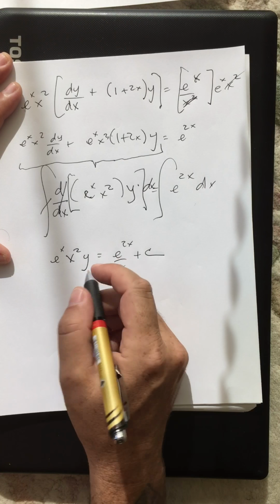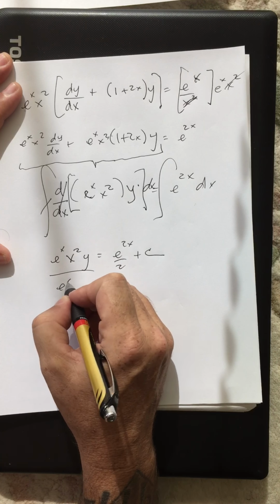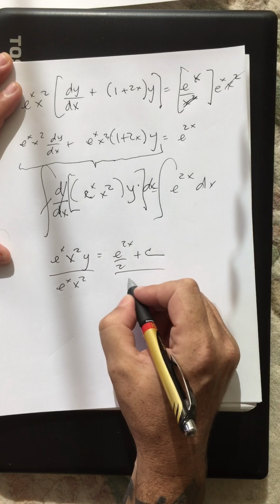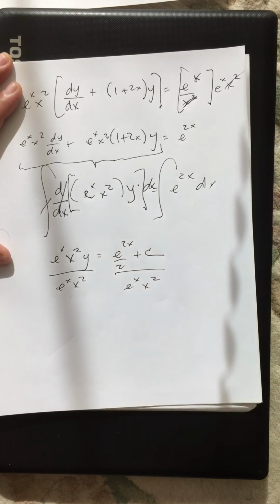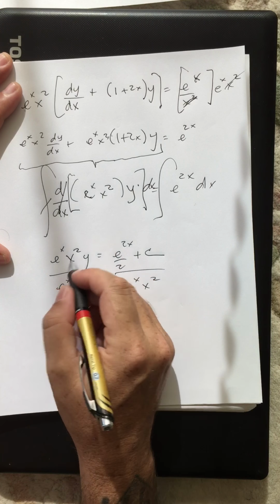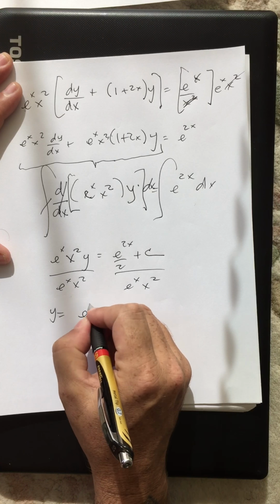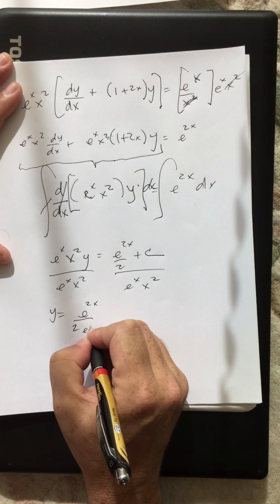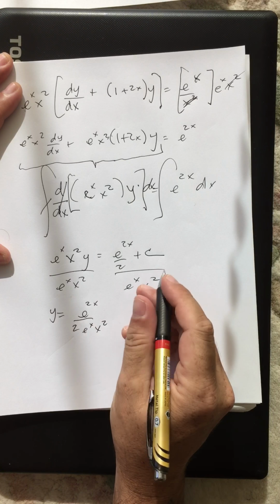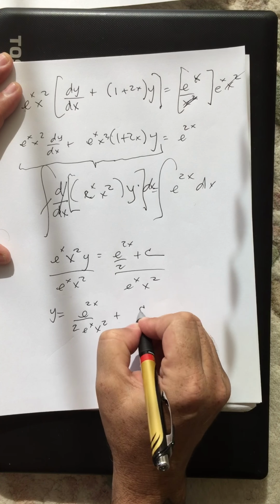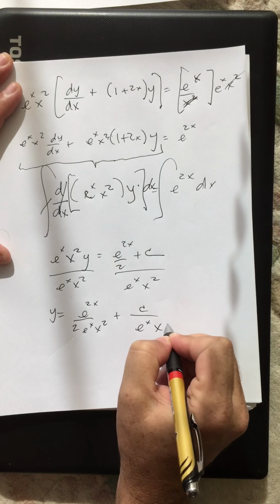Now you want to solve for y, so you divide by e to the x, x squared. Which gives you y equals e to the 2x over 2 e to the x, x squared, plus c over e to the x, x squared.